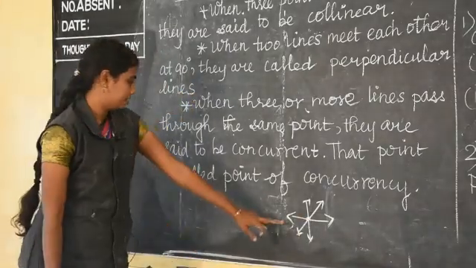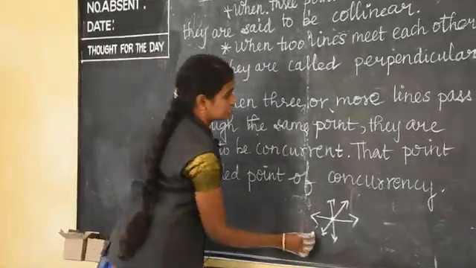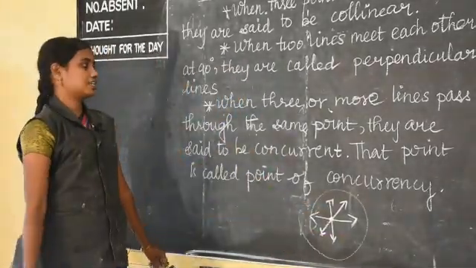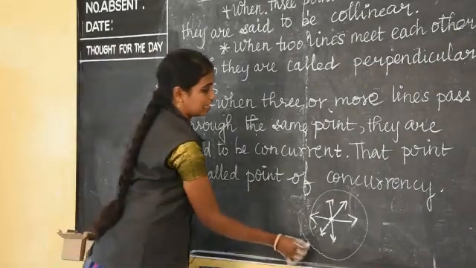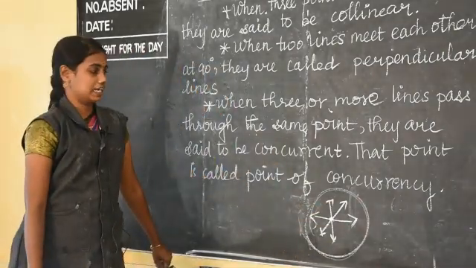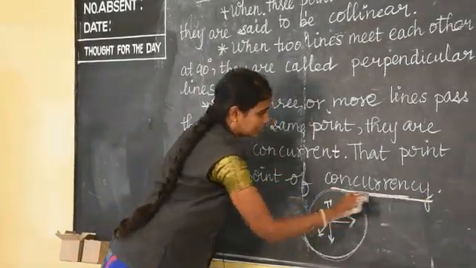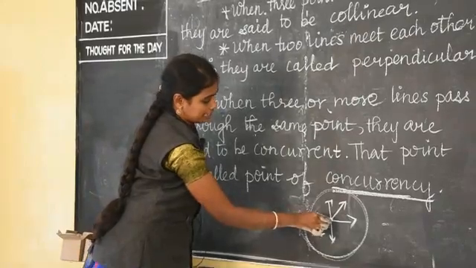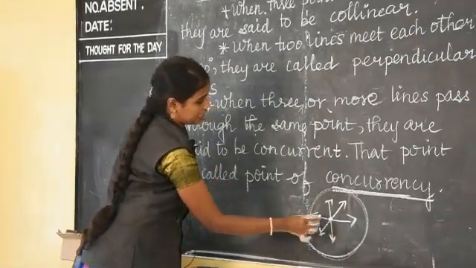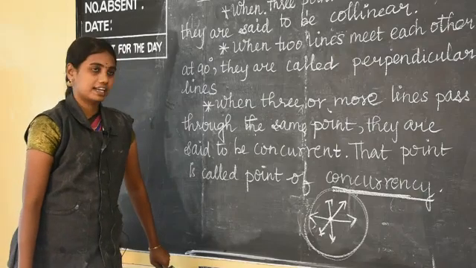This point is called the point of concurrency. These three lines go through one point, so we can tell this as concurrent.